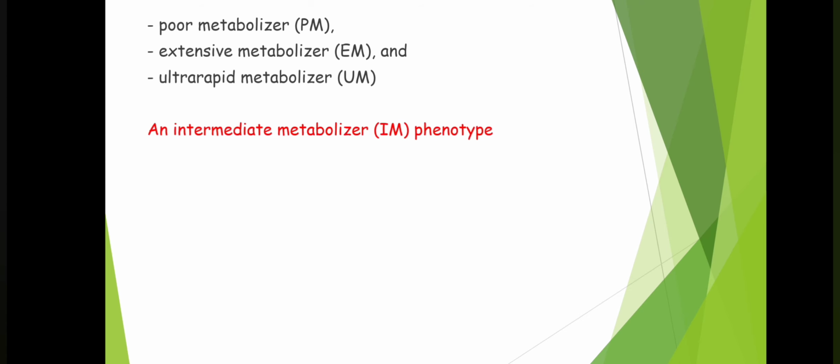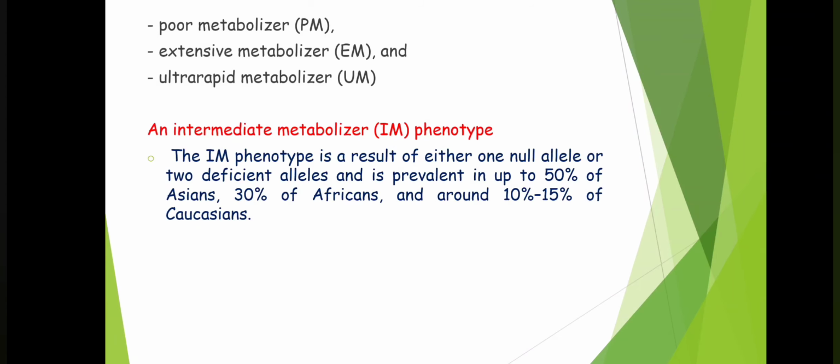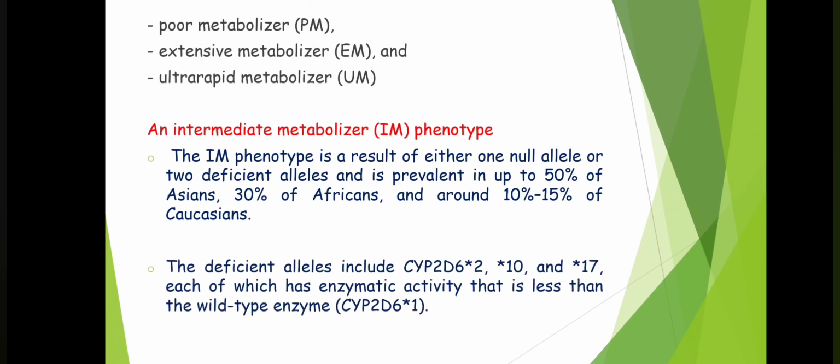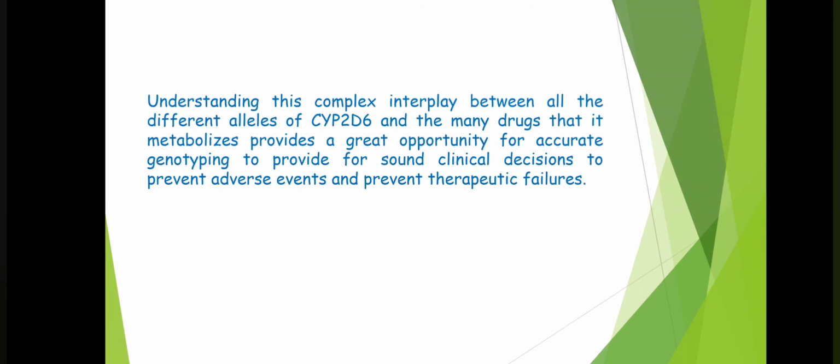Next, in addition to the poor metabolizer, extensive metabolizer and ultra rapid metabolizer, an intermediate metabolizer, that is IM phenotype, has been identified. The IM phenotype is a result of either one null allele or two deficient alleles and is prevalent in up to 50% of Asians, 30% of Africans and around 10 to 15% of Caucasians. The deficient alleles include CYP2D6*2, *10 and *17, each of which has enzymatic activity that is less than the wild type enzyme, CYP2D6*1.